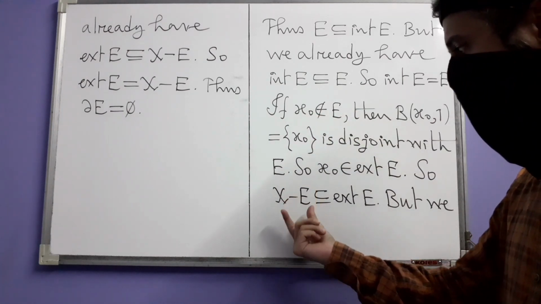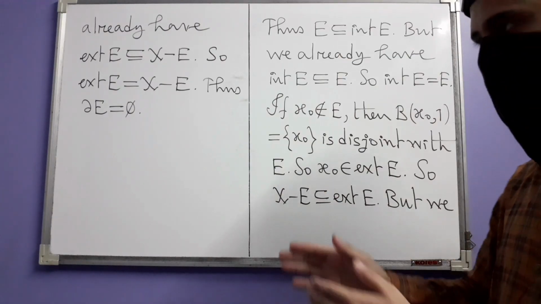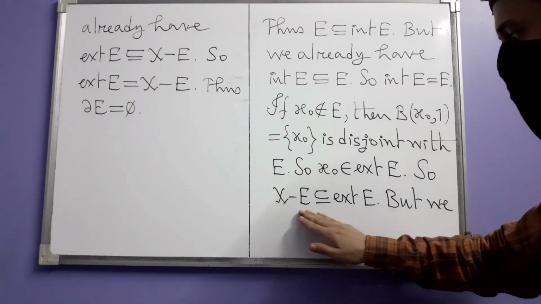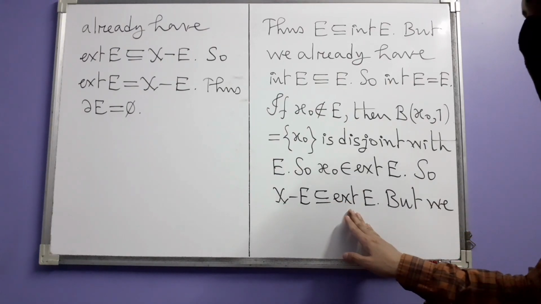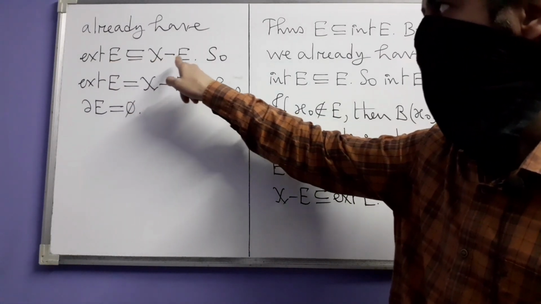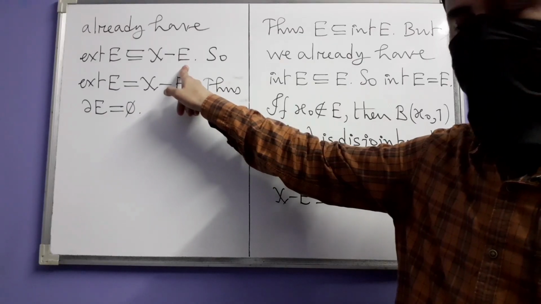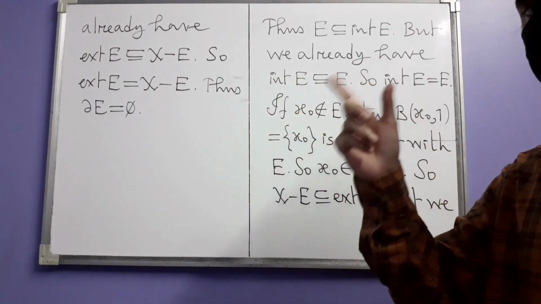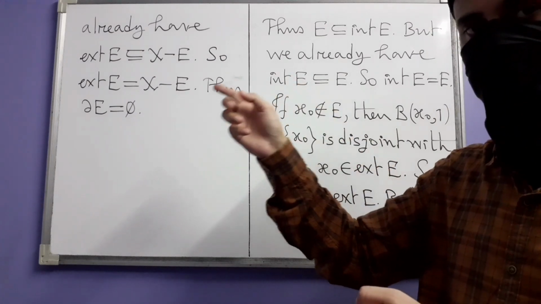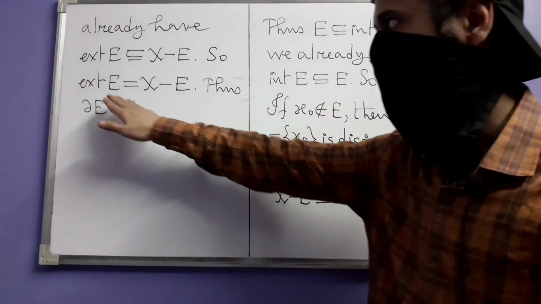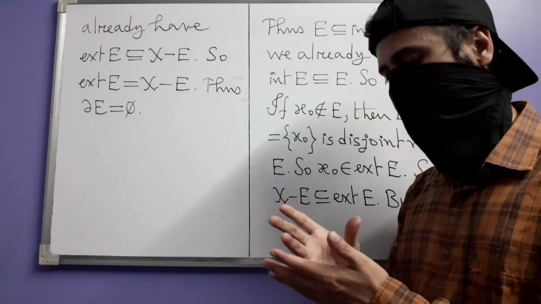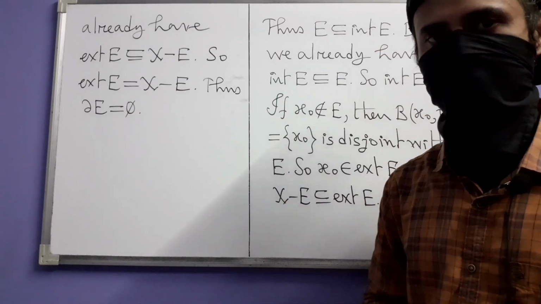X0 is coming from the complement of E in X. So any point of the complement belongs to the exterior of E. That is, the complement is a subset of the exterior of E. However, we already know from the definition of exterior that the exterior of E is always a subset of X difference E. Where are we getting this from? We are getting this from that remark where we saw that every exterior point of E lies outside E. It is from there that we are getting this, and that is why the exterior of E is X difference E. So in a discrete space, the exterior of every subset is its complement.